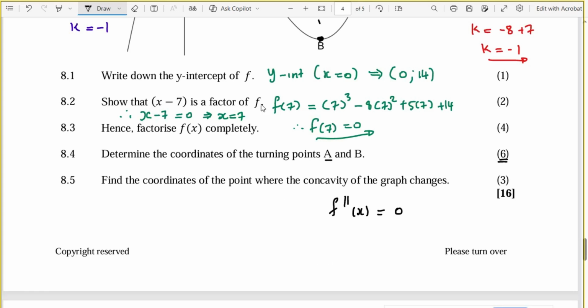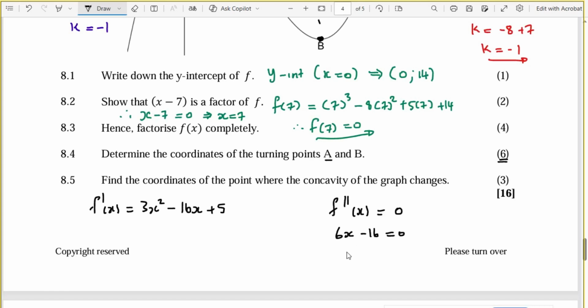The first derivative was 3x squared minus 16x, where we made a mistake and said 14x, then plus 5. So the second derivative is 6x minus 16, equals 0.